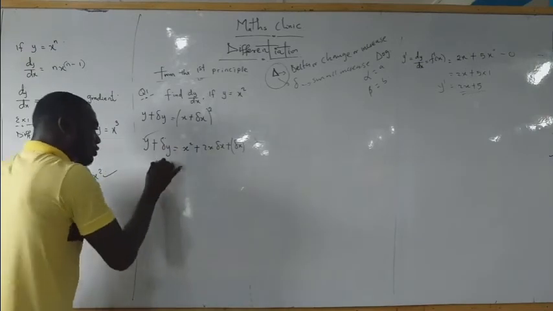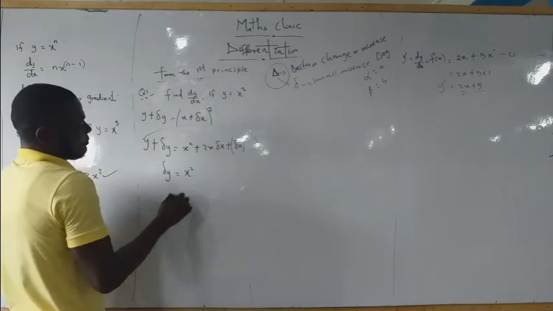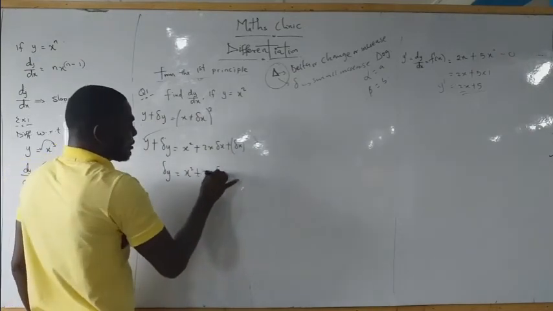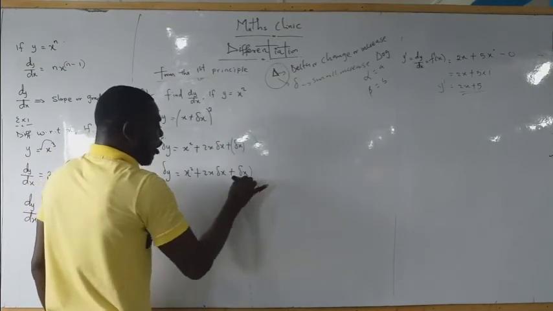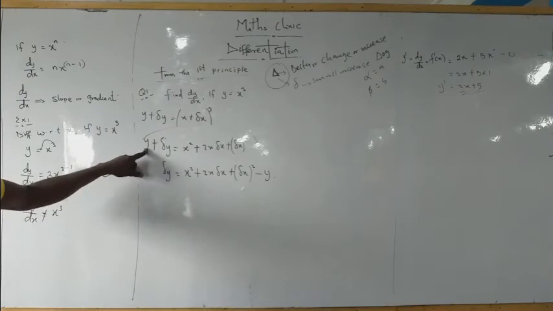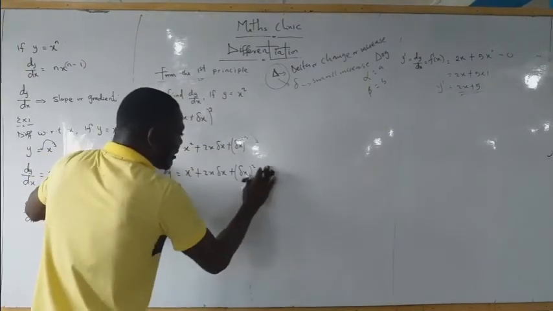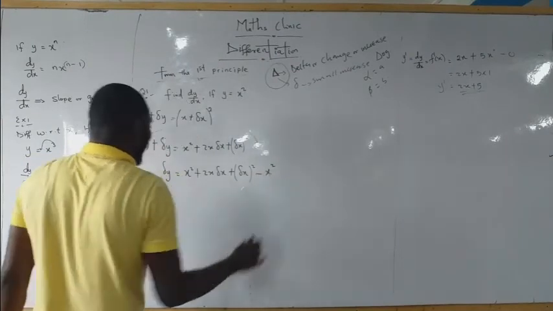So it will be left with delta y equals x squared plus 2x changing x plus changing x all raised to power 2, minus y. Then what is the value of y? Y is x to the power of 2.